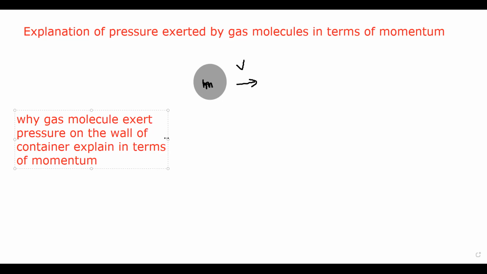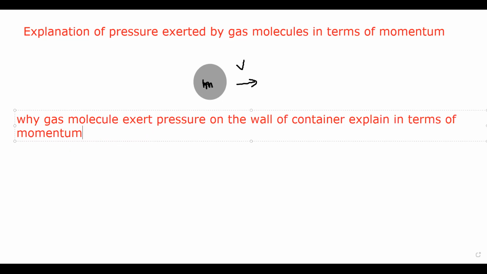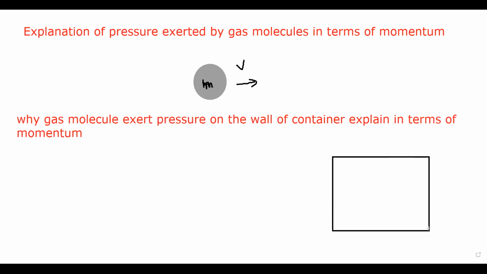So how can we explain this statement that a gas molecule is exerting pressure? For example, you have a container which is filled with only one molecule. Practically it's not possible, but for explanation, there's one molecule m.